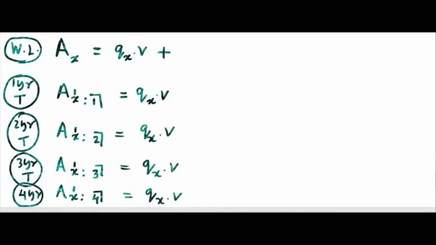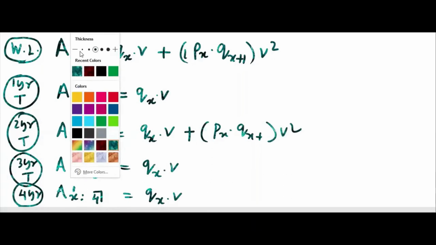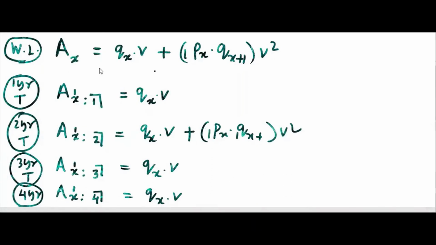Using general reasoning, this is valid for only 1 year. Now this is the second term. So we'll write here the second term. This is valid for 2 years. And we'll write 3 terms here.